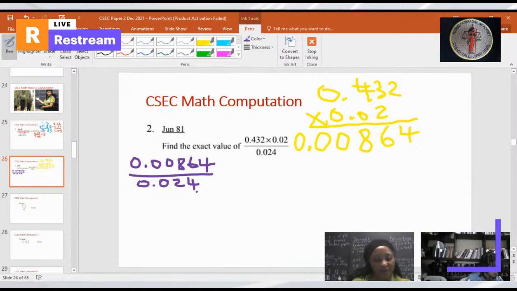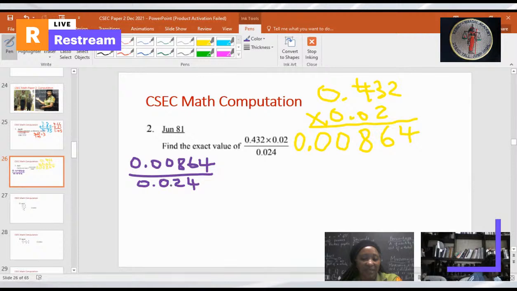What do we do when we're dividing by a decimal? Miss, we divide the denominator by the numerator. Yes. When you're dividing by a decimal, you need to get rid of the decimal point in the divisor.